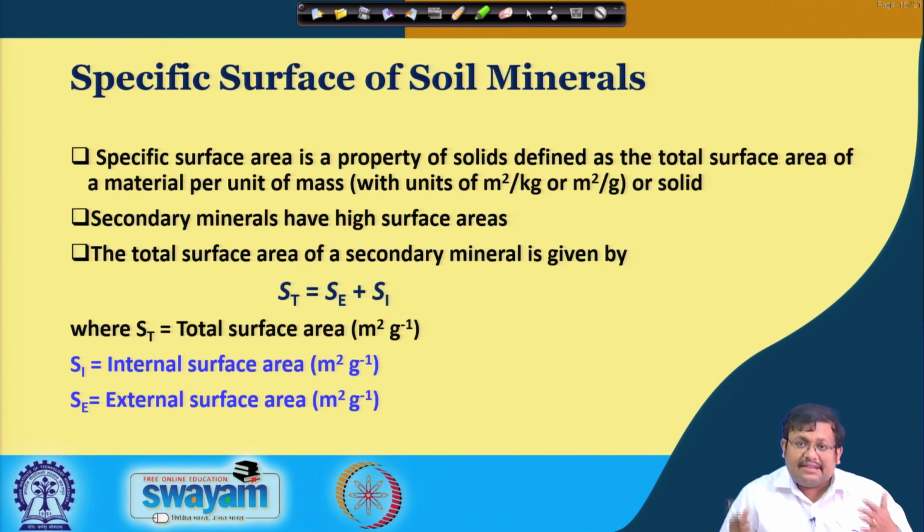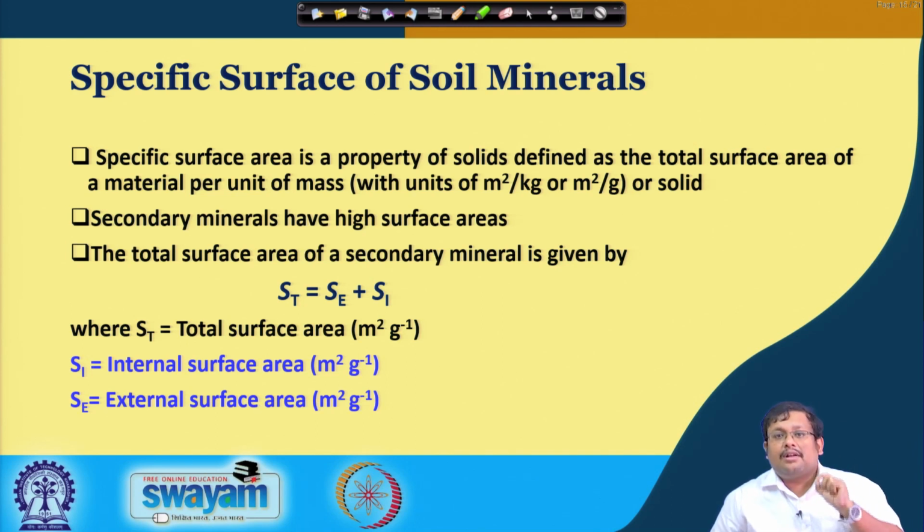So, let us discuss another very important thing, that is the specific surface of minerals. Now, specific surface area is a property of a solid defined as the total surface area of a material per unit of mass, and it is expressed in square meter per kg of solid. So, secondary minerals, remember, have high surface area because their size is very small.